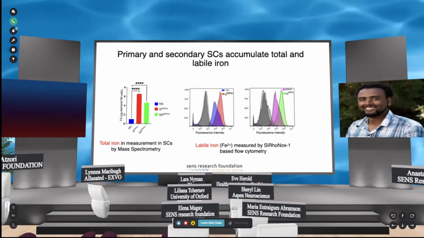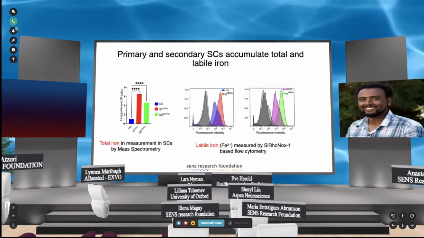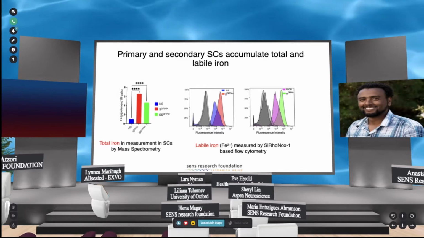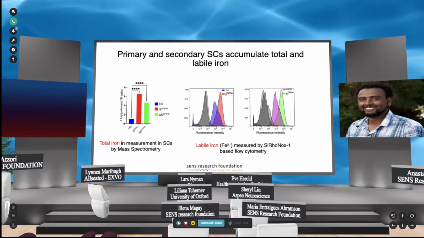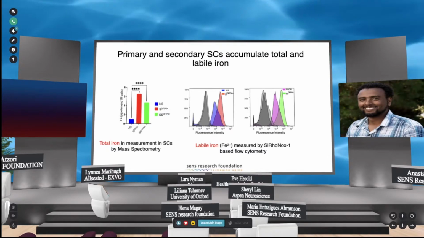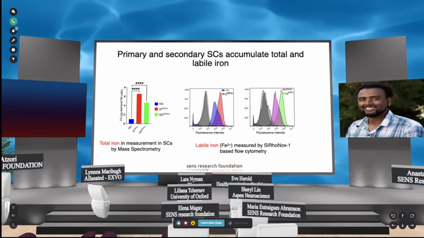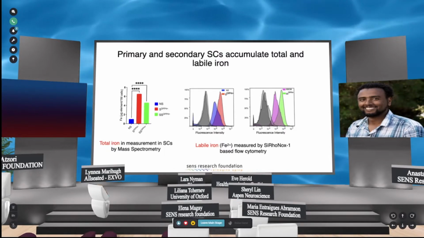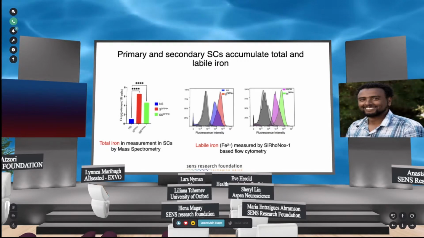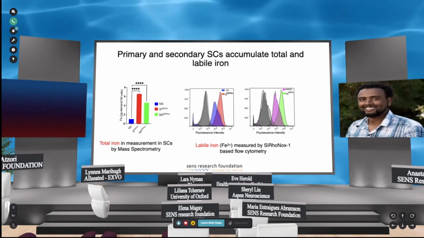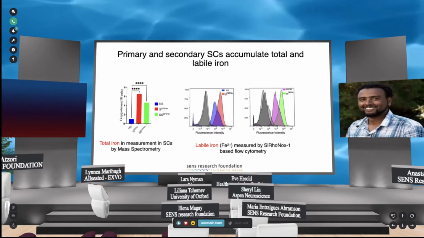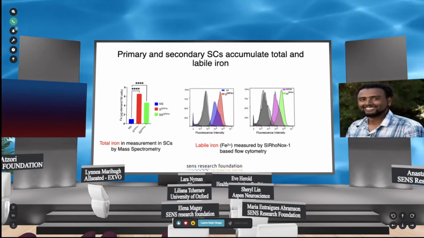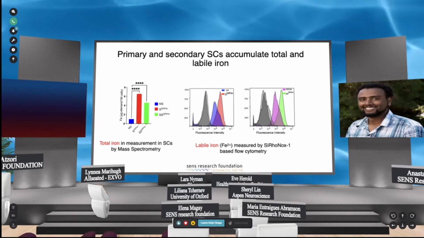And we know there are two types of iron, ferrous and ferric. The ferrous iron is also known as labile iron, which is the toxic type of iron. We were interested to know whether this toxic iron is accumulated in senescent cells. For this, we used a specific dye, which specifically detects ferrous iron, not the other type of iron, by flow cytometry.